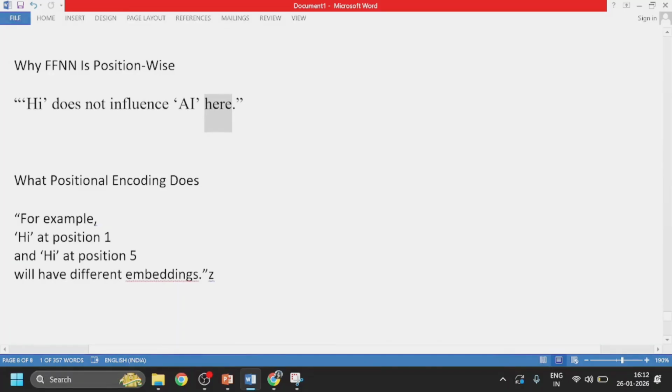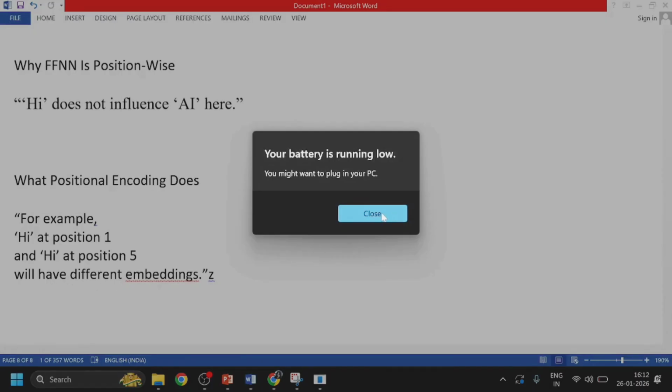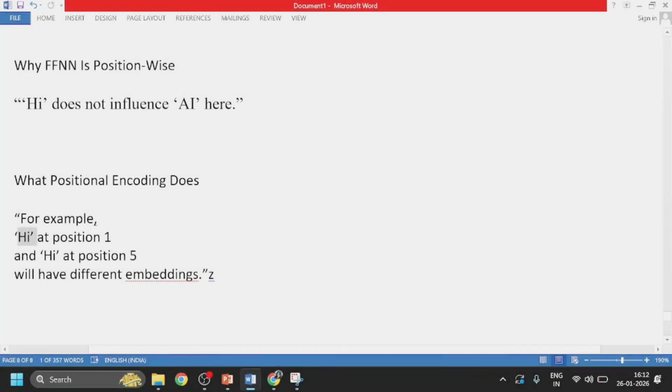Positional encoding adds position information to the word embedding. For example, "hi" at position 1 and "hi" at position 5 will have different embeddings. "Hi" at position 5 has a different embedding, and "hi" at position 1 also has a different embedding.